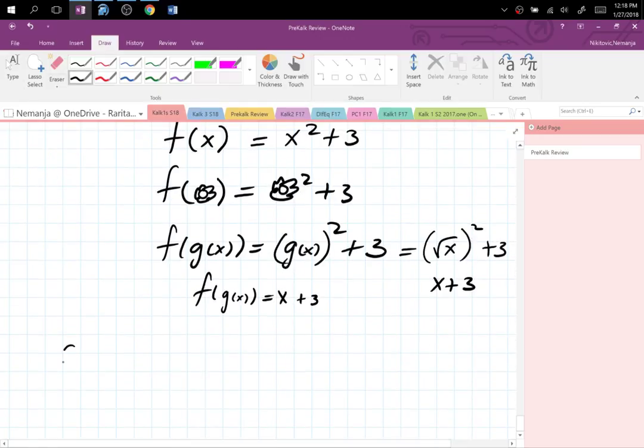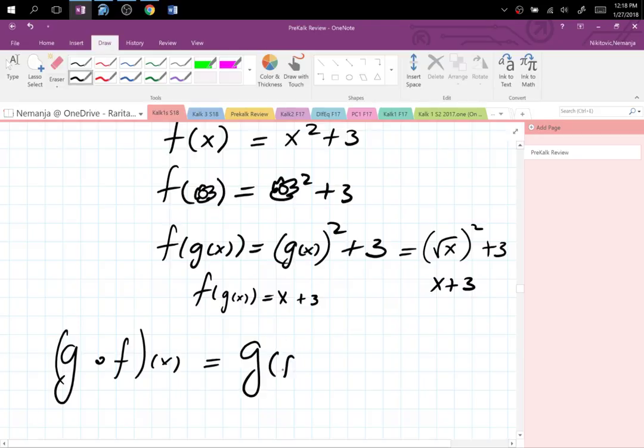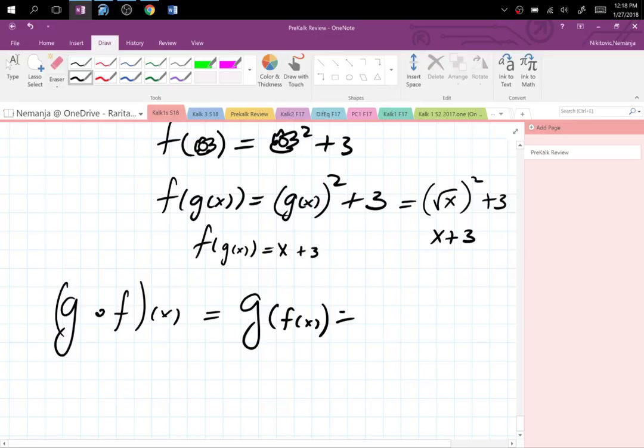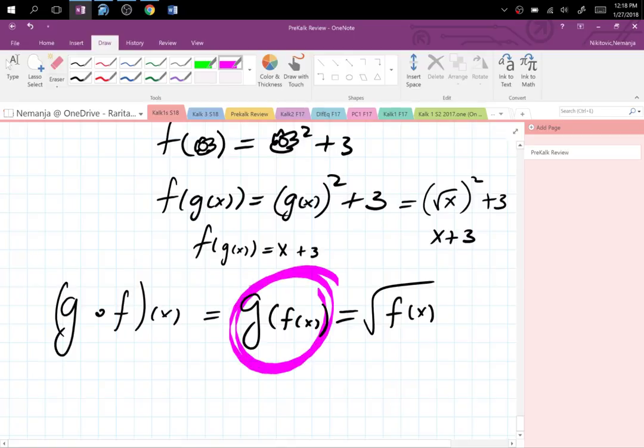Now I can also have g composed with f of x, where g is the boss, and f gets plugged in, right? Now in this case, what is the function g? Well, it's clearly square root of f, because it was square root of x, but every x in my notation over here is replaced by f.